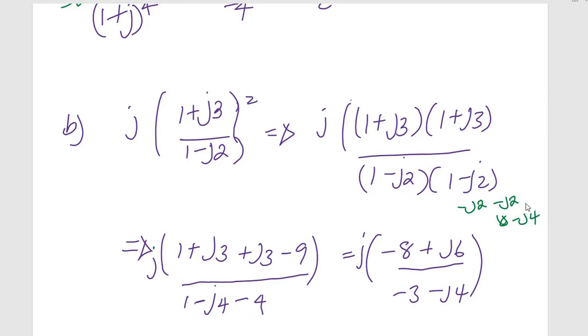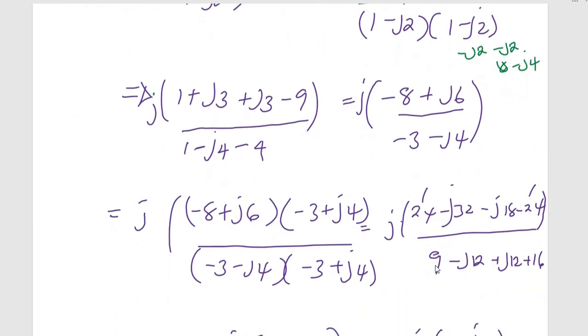So that means this is equal to j. If I simplify this, it will be 1 minus 9, and that will be minus 8, plus j3 plus j3 is plus j6. Now divided by this: 1 minus 4 is minus 3, then minus j4.